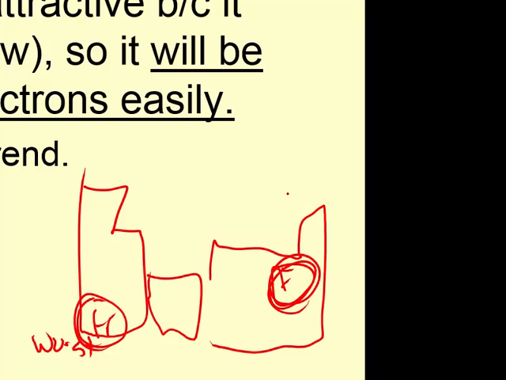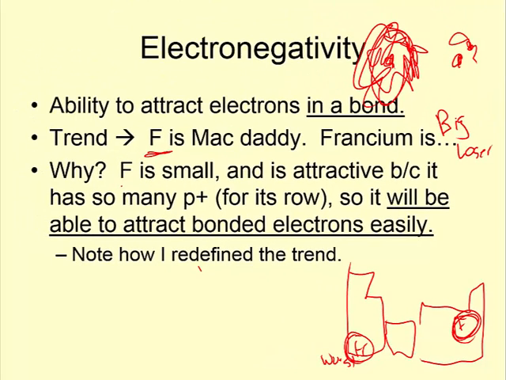Now, why would it be the Mac Daddy? Okay? Fluorine is small. Hey, that's size. Fluorine is attractive because it has so many protons for its row. Hey, size, nuclear attraction, so it is able to attract bonded electrons easily. So if you're close by and attractive, you attract electrons. Notice how I've redefined the trend in that. So why is francium so bad at this?